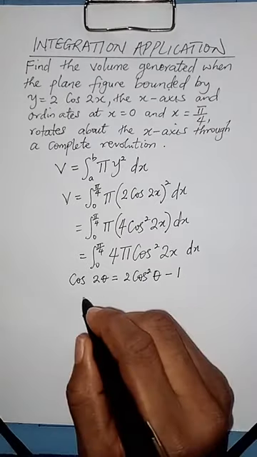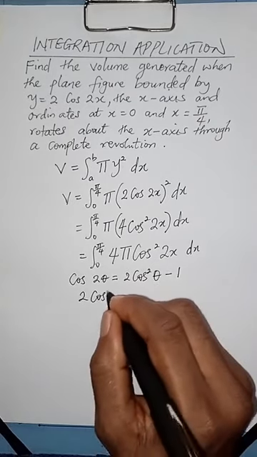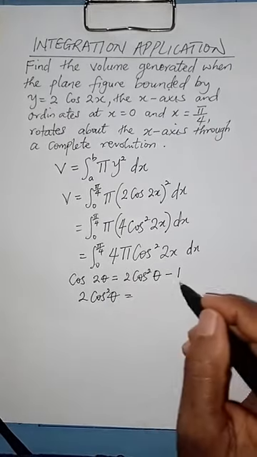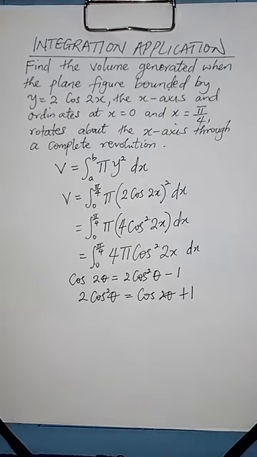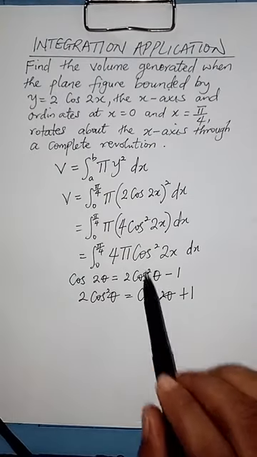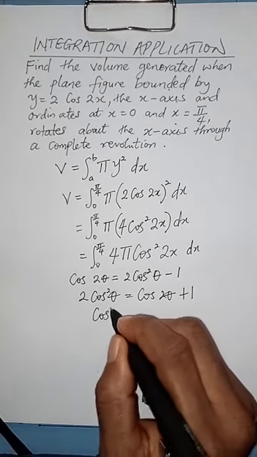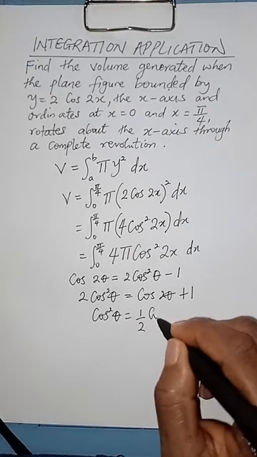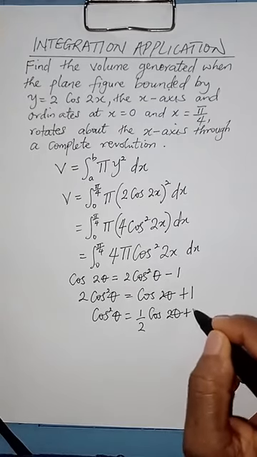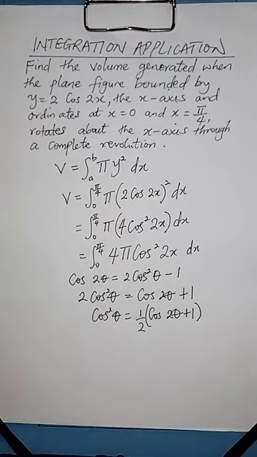If I make 2 cos squared theta the subject of the formula, minus 1 will move to this side and become cos 2 theta plus 1. But what I'm actually looking for is cos squared 2x. So cos squared theta is 1 divided by 2 times cos 2 theta plus 1. So you can put the expression in brackets.